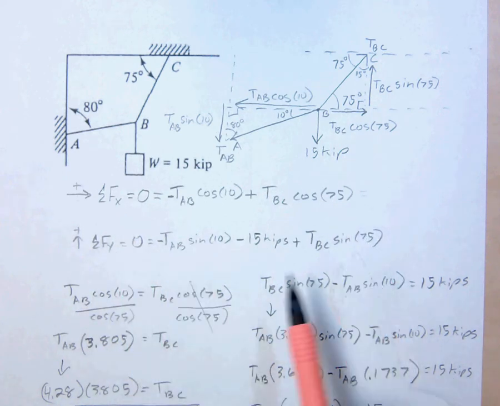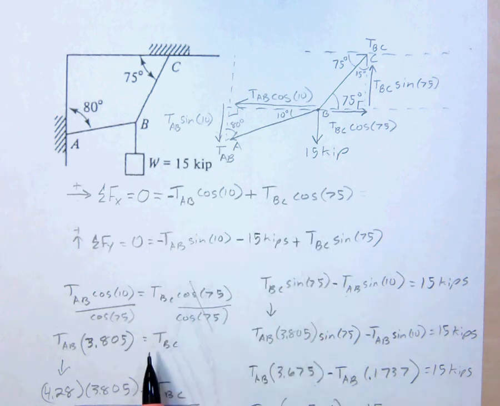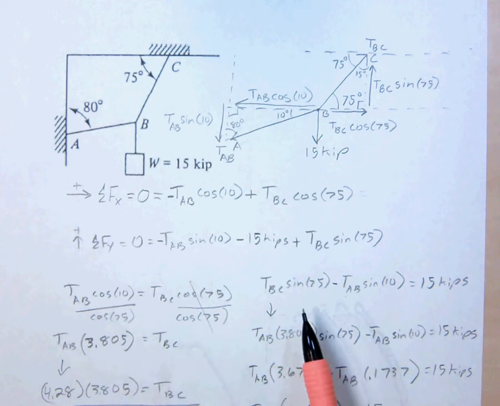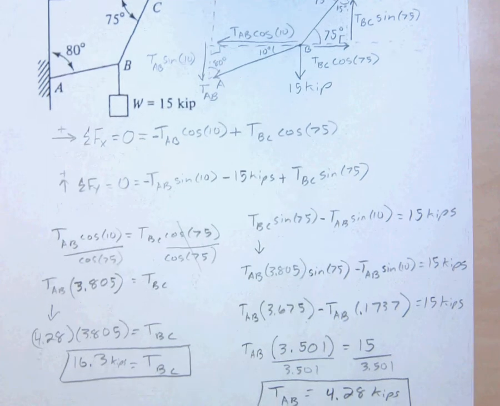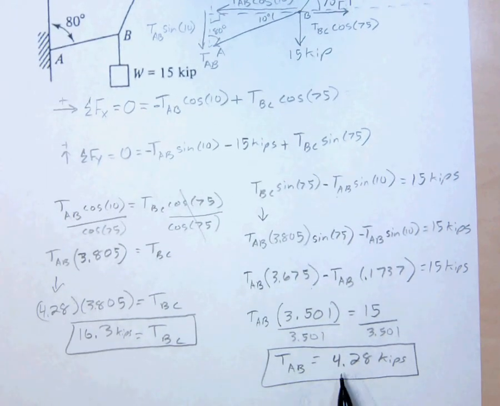From there, we used substitution by taking the simplest equation and solving for one variable, and then substituting that back into our other equation and solving for the remaining variable, which was the tension in AB, equals 4.28 kips. Plug that back into our other equation, and we find the tension in BC equals 16.3 kips. Thank you very much.